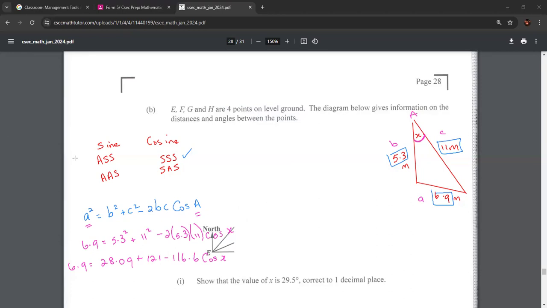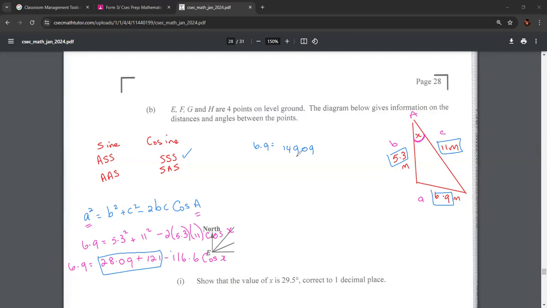Right. So we'll end up with 6.9 is equal to, I could add this, right? So 28.09 plus 121, I got 149.09, right?